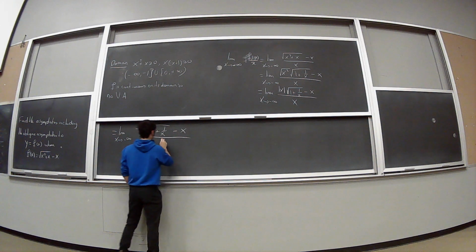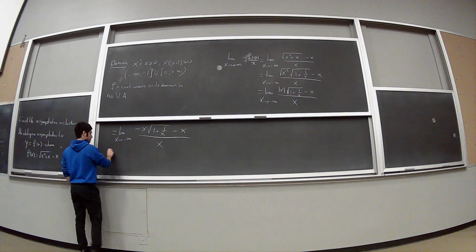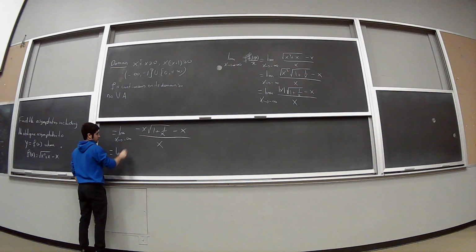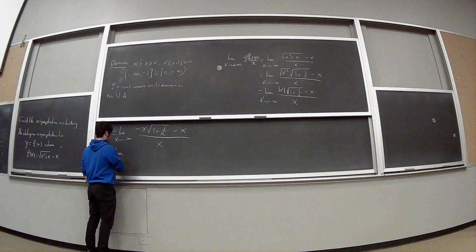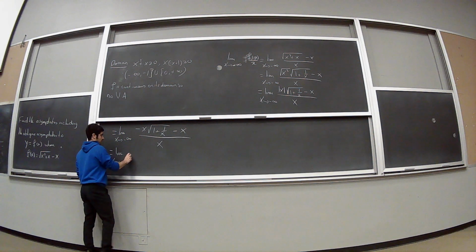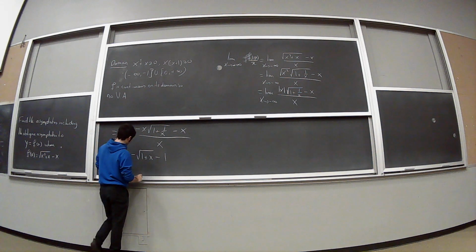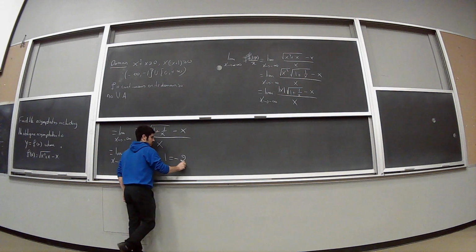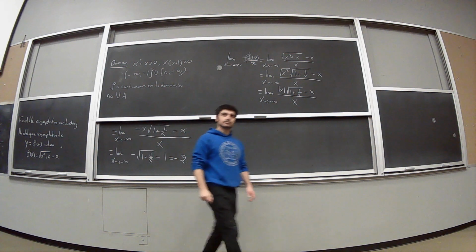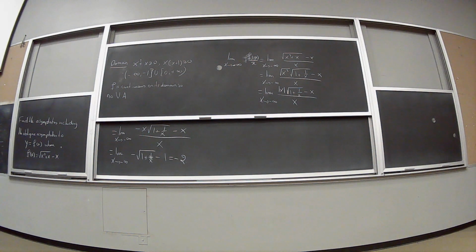Now I can cancel the x's. It's minus the square root of 1 plus 1 over x, minus 1, which gives minus 2. Did you all get this?